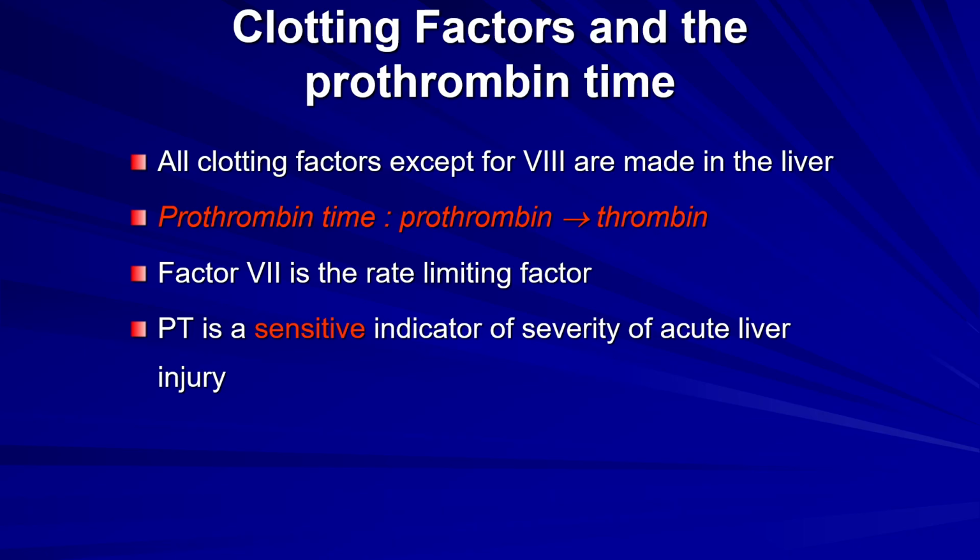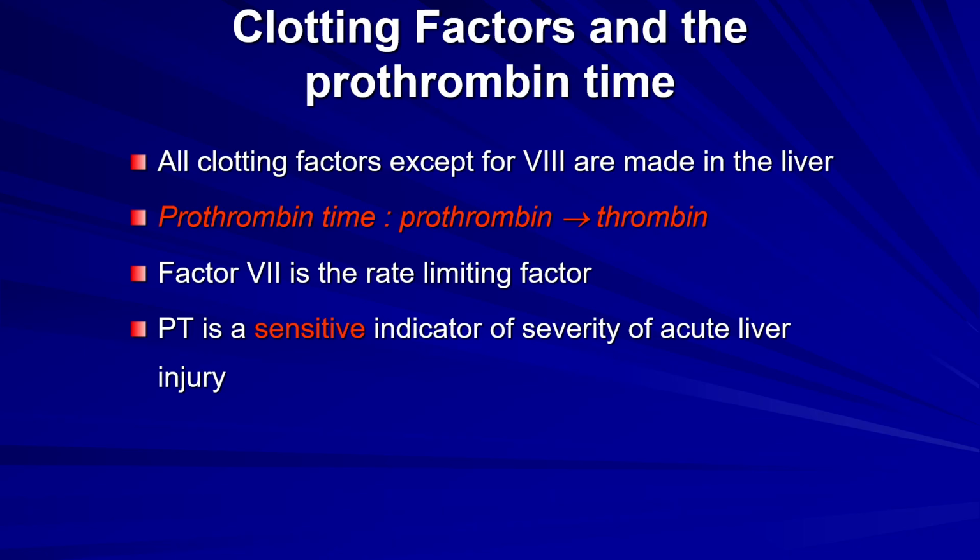The rate limiting factor in that clotting reaction is factor 7, which has a half-life of about 5 to 6 hours. And therefore, the prothrombin time is a sensitive indicator of severity of acute liver injury.